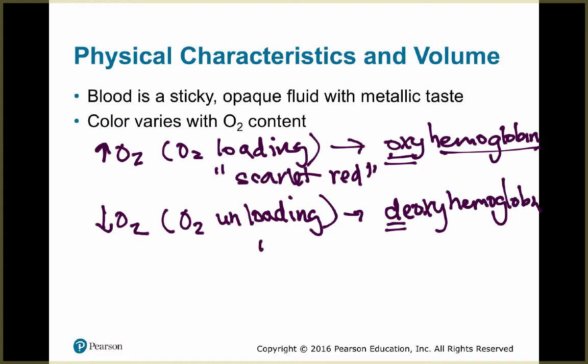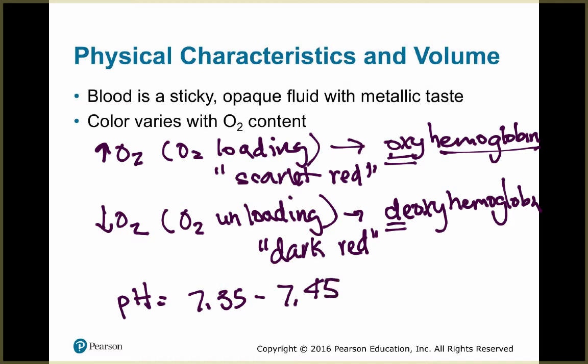And this is what you're going to see, a dark red. And that's what you really see underneath. Now for me, it might look kind of bluish because it's the color of that blood through layers of skin. So it's going to change what the color looks like. Now the pH of blood is generally somewhere between 7.35 to 7.45. And on average, blood constitutes about 8% of the body weight.